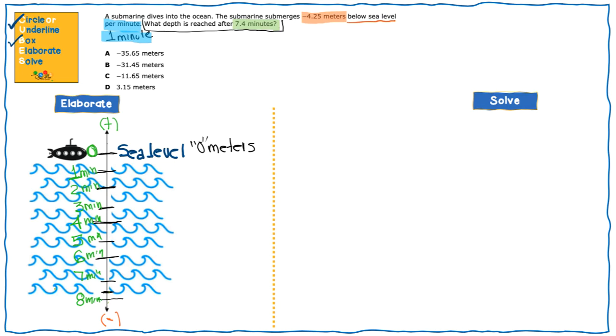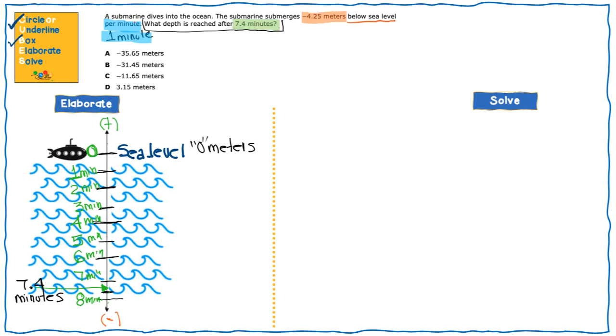And since we want 7.4, will that be before 7.5 or after 7.5? And you're right, that's gonna be before 7.5. So slightly before 7.5. And this is gonna be the number that we're looking for, 7.4 minutes.